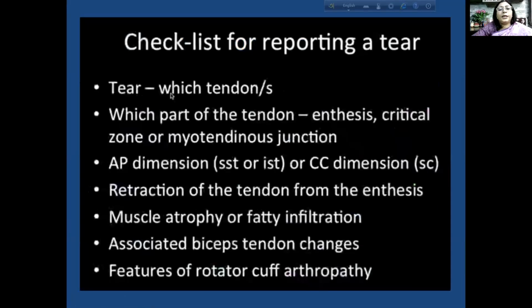And this is the checklist to report a tear: which tendon is involved, which part of the tendon the tear occurs in, what is the actual dimension of the tear, and if there is any associated bursal fluid or joint fluid, or associated muscle atrophy or fatty change, we have to mention it in our report, because muscle volume and fat infiltration are very important prognostic indicators.